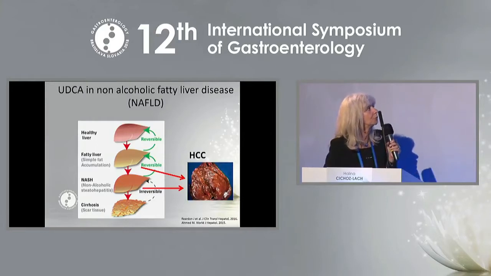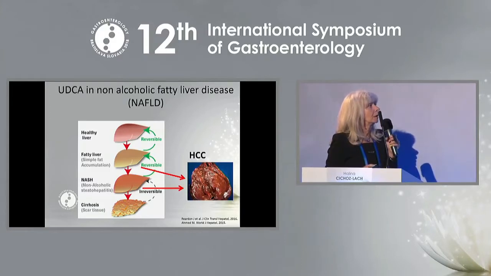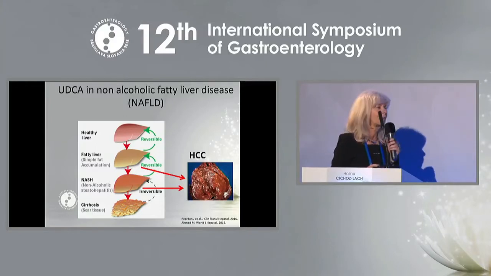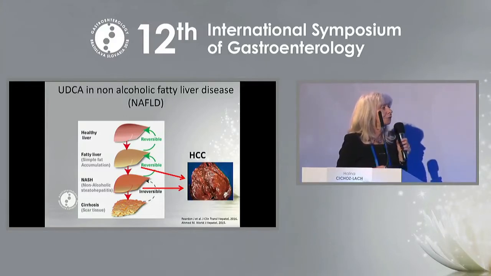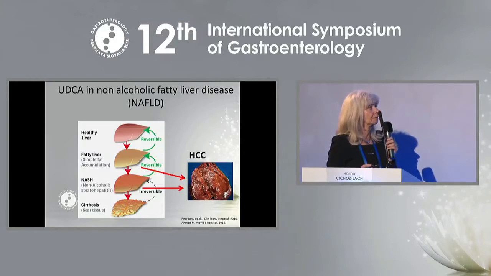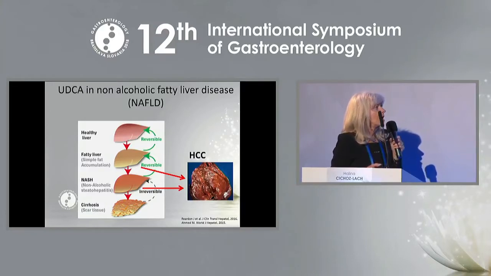Let's now move on to non-alcoholic fatty liver disease. It is the most common reason for abnormal liver function tests in developed countries. Due to its continuously increasing prevalence, the disease is considered an epidemic of the 21st century.